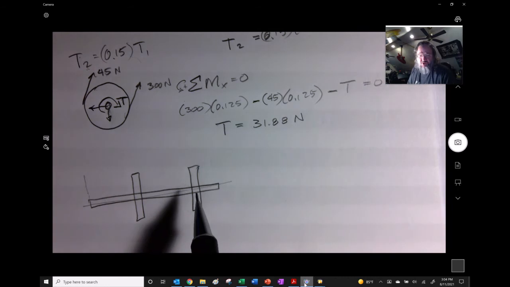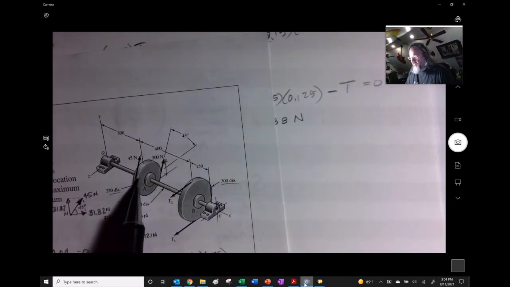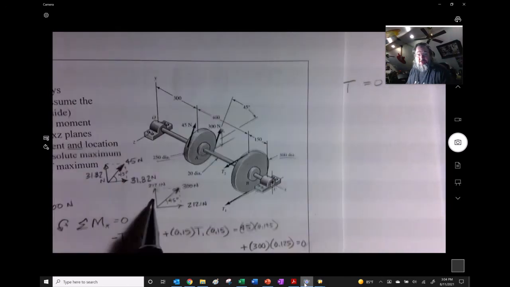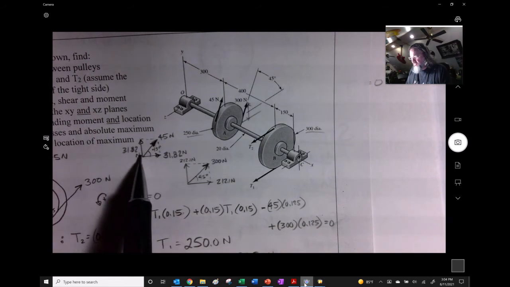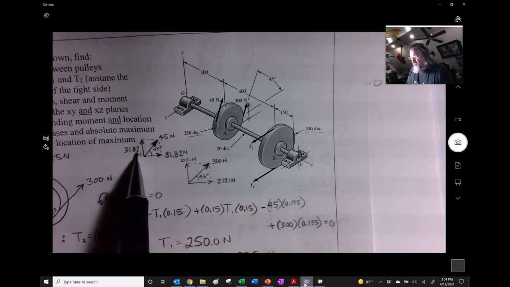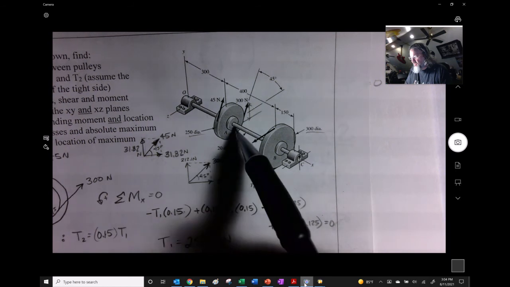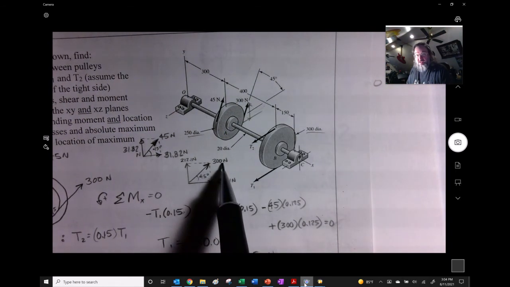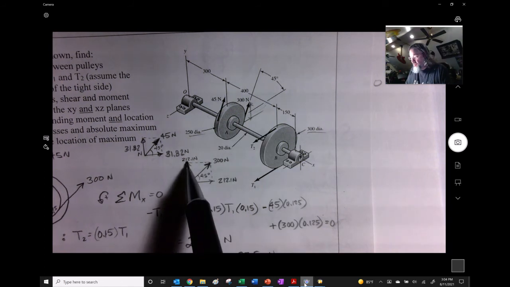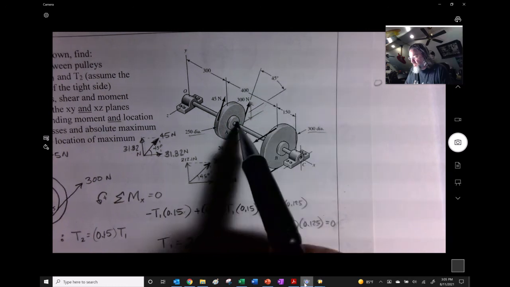One of my issues I'm going to have right away is that my forces are at a 45-degree angle. So I actually did the little diagram here. This 45 has a 31.82 that's going upwards and a 31.82 that's going in the negative z direction. My 300 has 212.1 going upwards and 212.1 going this way.